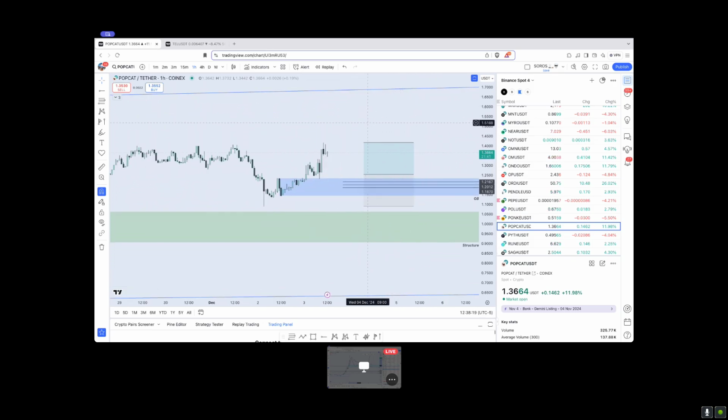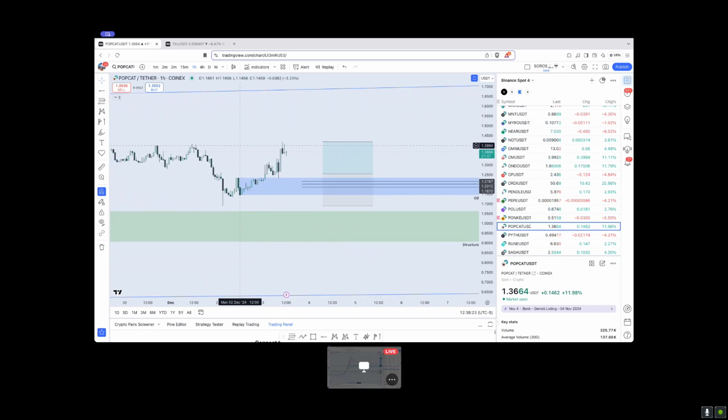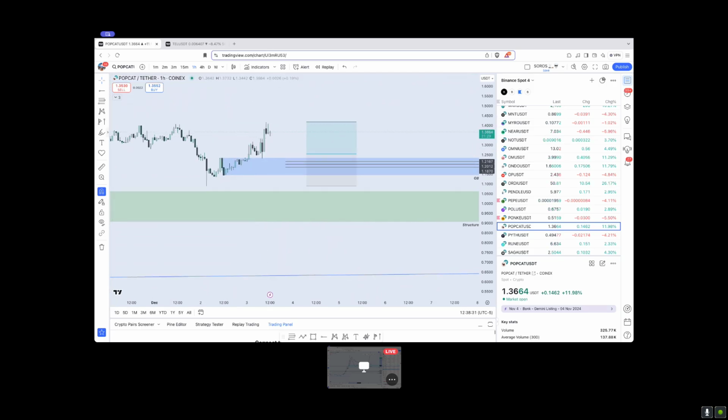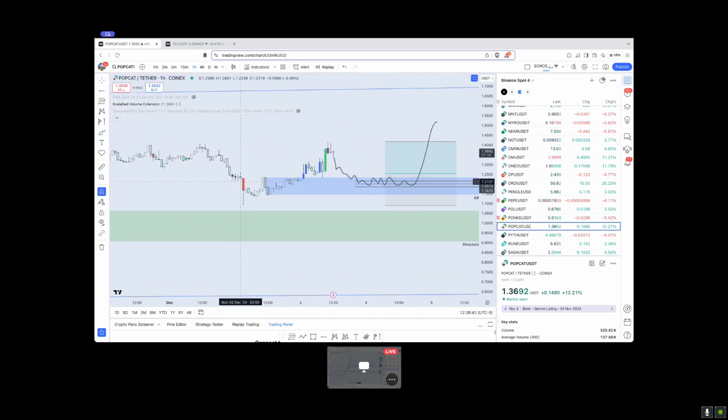I'll actually put it in my channel, but the idea would be this demand right here hasn't been tested. If you start seeing a drop and then it takes this low and holds in this range, you see volume being traded here. Maybe some candles light up, like these high volume candles.